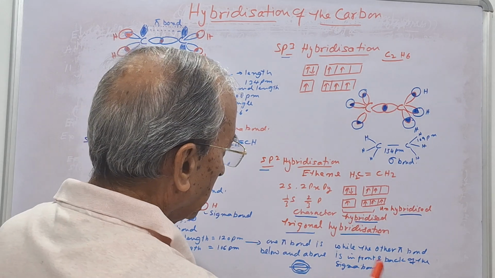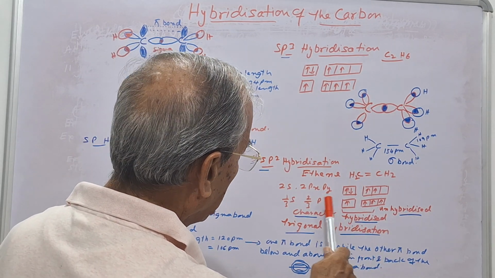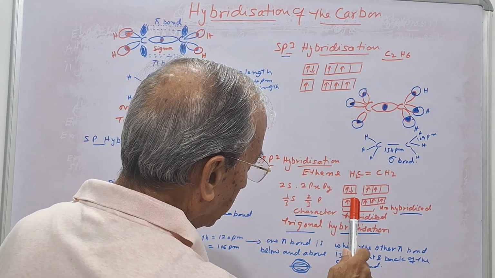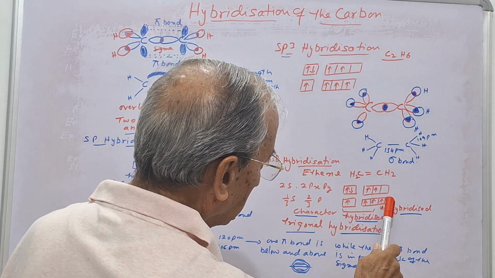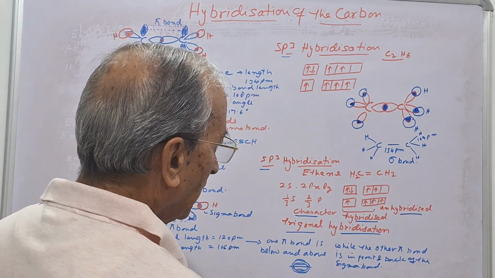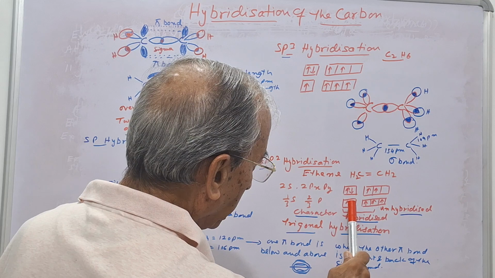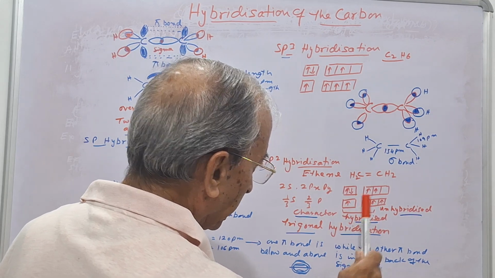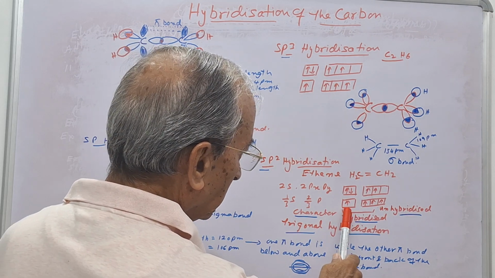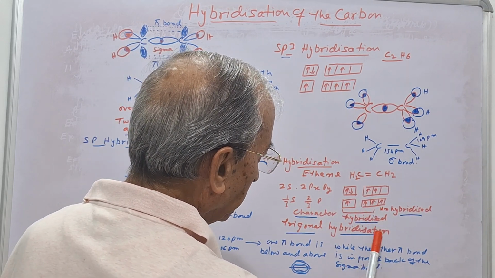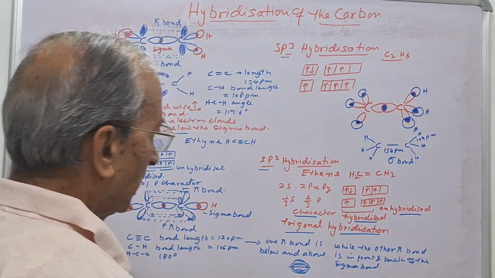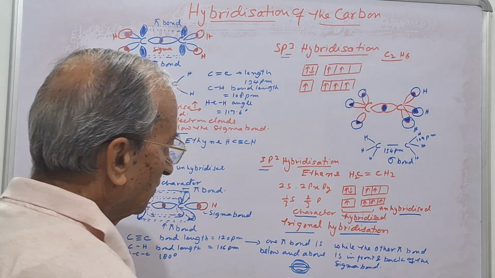Here, if you see the excited state of the carbon, one electron from the 2s goes to the 2p, that is the vacant orbital. Now in this case, 1s and the 2p hybridize. 1s and the 2p, that is x and y, hybridize, and one remains unhybridized, that is 1s and p2.